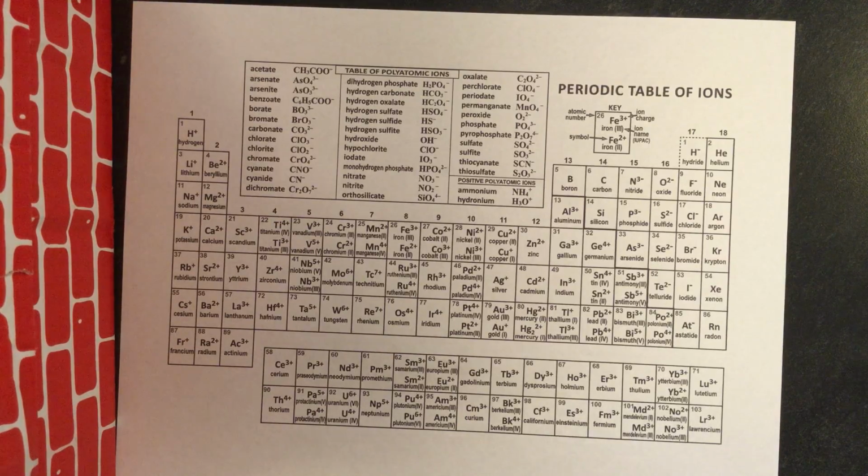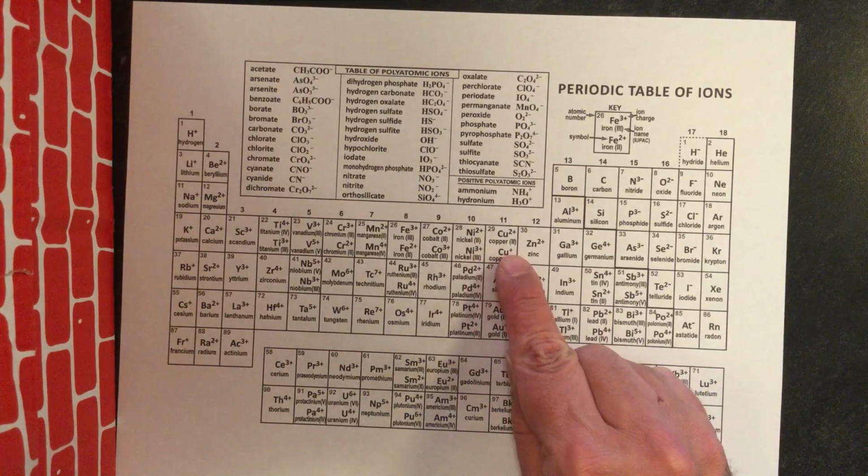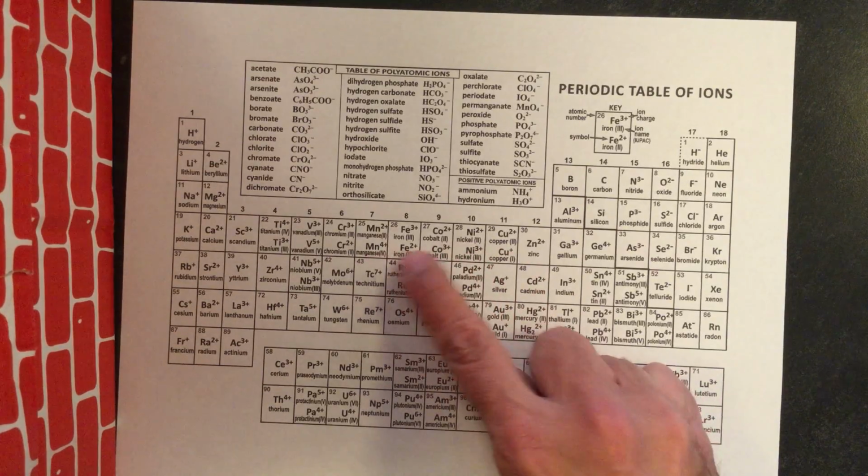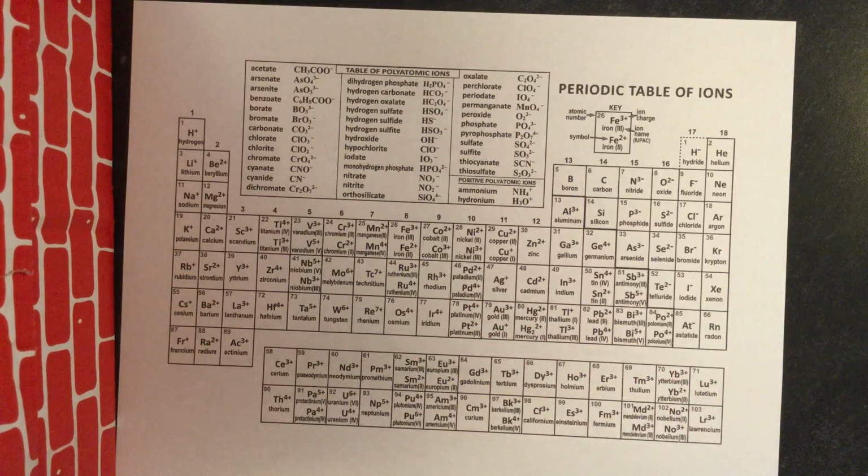If you look on the left side of the periodic table, the metals, they're all positive. And on the right side of the periodic table with the nonmetals, they are negative. And look at that. Some of these metals have more than one charge. And that's something that we're going to have to talk about. So, grab that periodic table of ions and let's give her a try.